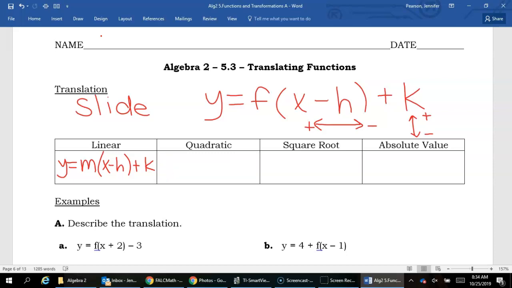The quadratic parent function was y equals x squared. To amend that, we would subtract or add a number to x. We would keep the power 2, and then we would add or subtract a number at the back. The square root function, replacing the f, would go right here, and you would have x minus h inside the function, and then your plus k goes outside.